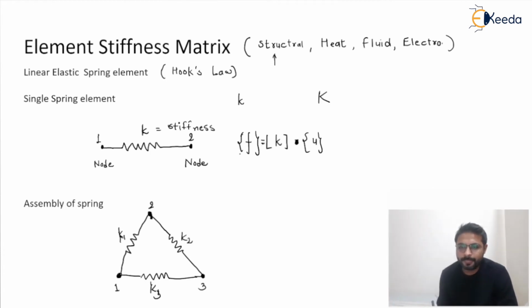This will be our formula here, and all the formulas are converted into matrix form. Here small k will be the local stiffness matrix and capital K will indicate the global stiffness matrix, and F indicates the force vector for local nodes, and the u vector will indicate the local displacement vector.